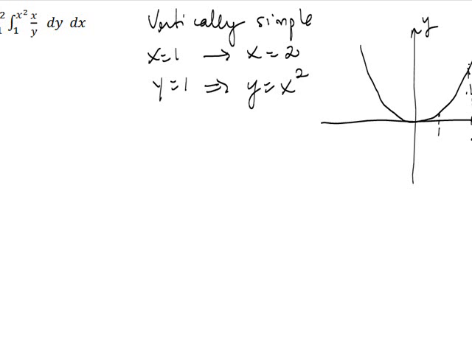And then for the y's, we need to go from y equals 1 to y equals x squared, bottom to top. y equals 1 is here, and y equals x squared is there. So we have our region. We want it now to be horizontally simple, so put a strip. Let me change the color. Sorry about that.